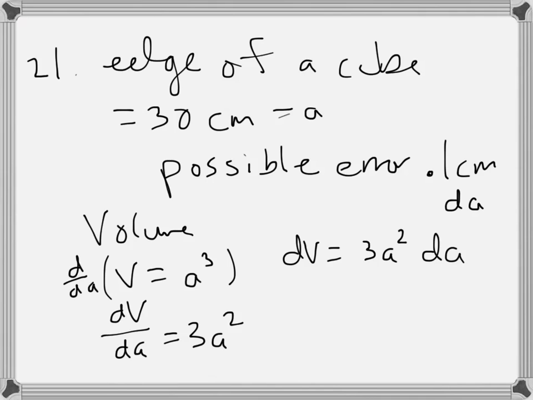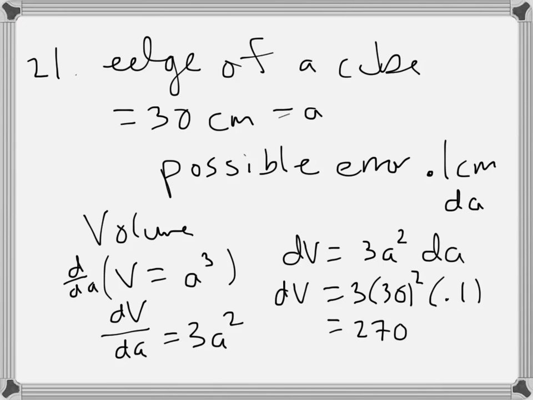And let's see. A was measured to be 30, and dA was 0.1. So this is 2,700 times 0.1, which is 270 centimeters cubed. So that's as bad as the error in the volume can be because I put the worst possible error in for dA.